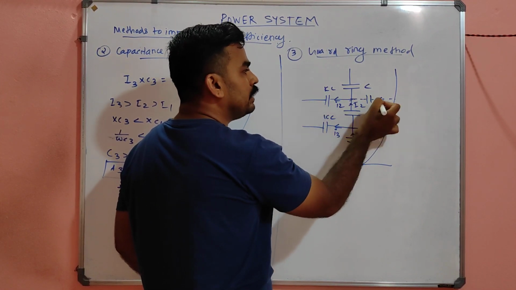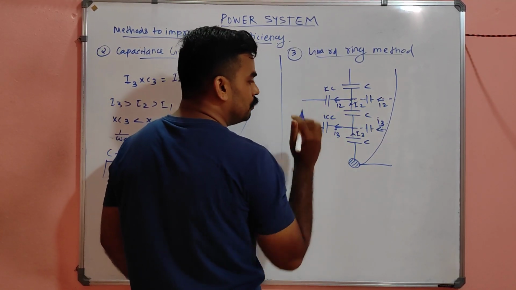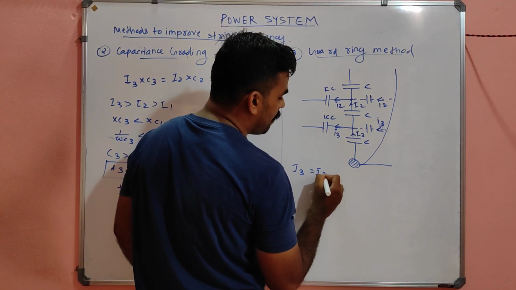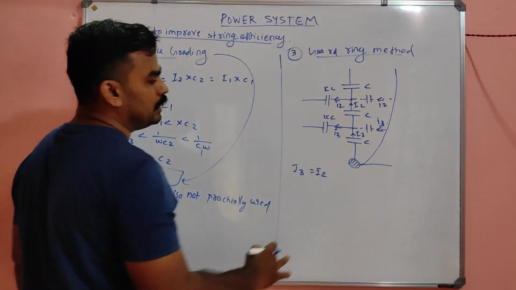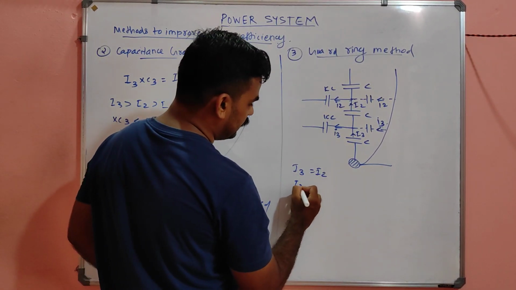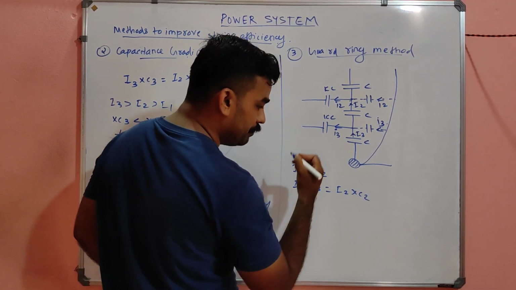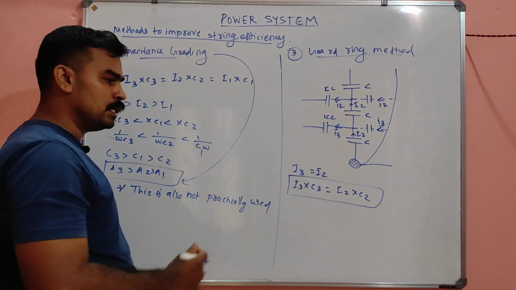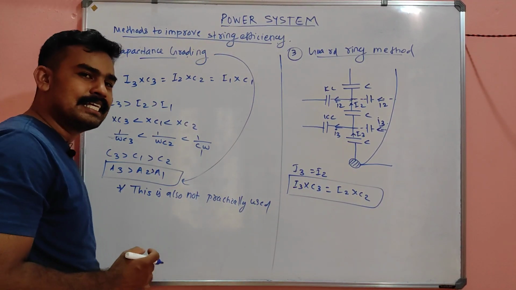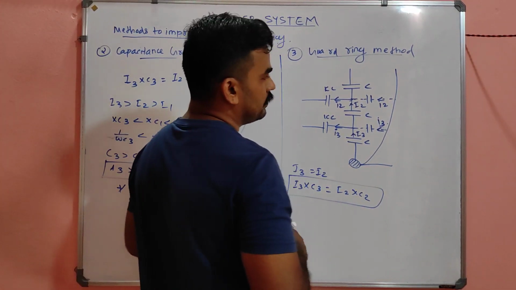There is a requirement of I2 here, and that I2 will be provided by this, so that I3 will be equal to I2. If I3 equals I2, then definitely you can say that I3 into XC3 will be equal to I2 into XC2, if you are using the same value of capacitance. So this condition arises, so that the voltage distribution across each disc will be the same. Okay, my dears? Is it clear?